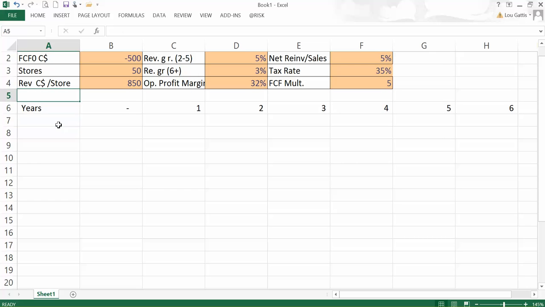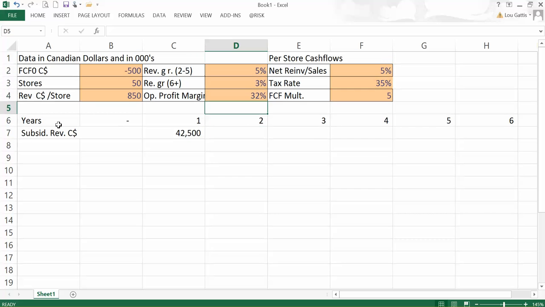So we're going to start off by calculating subsidiary revenues in Canadian dollars. In year 1, I'm going to generate 850,000 per store times 50 stores. Those revenues will then grow by 5%.